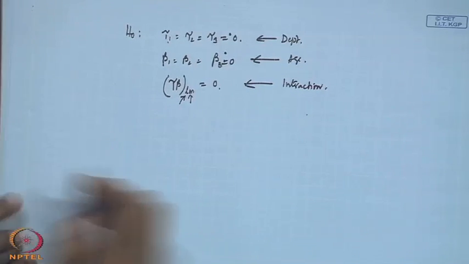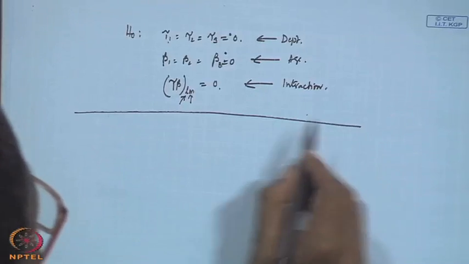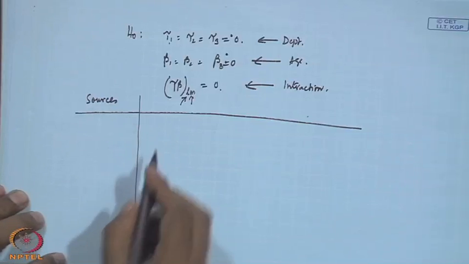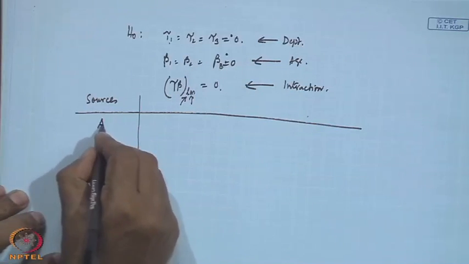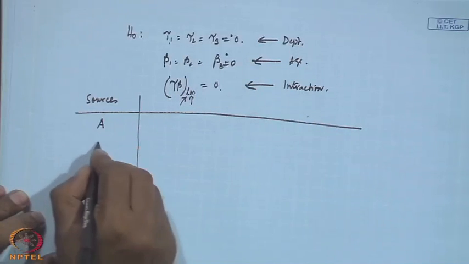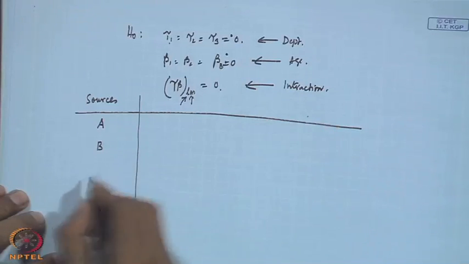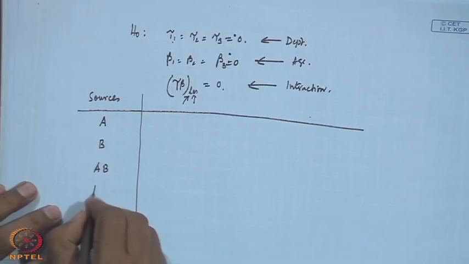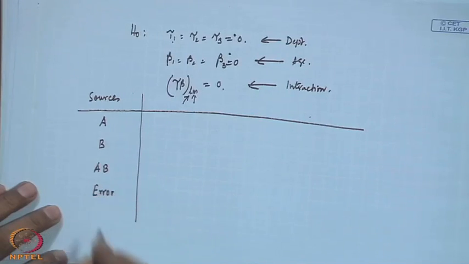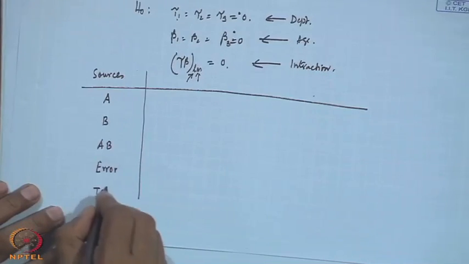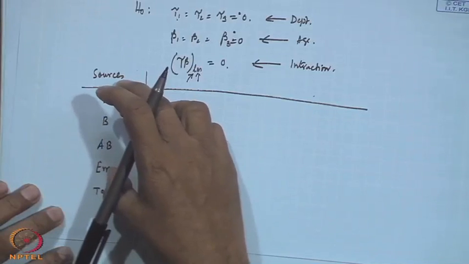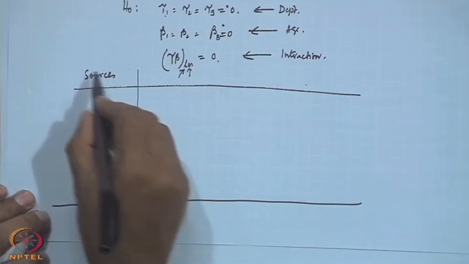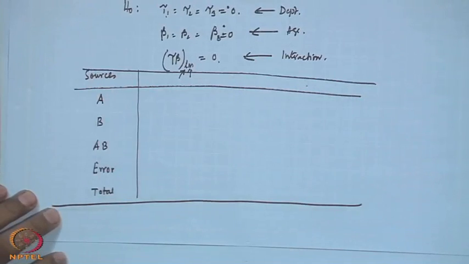If this is the case, then what are the sources of variation? First one is department, which is A, second one is age, which is B, third one is interaction, which is AB, fourth one is error, and fifth one is the total, the sum of these four. So, these are our sources of variation.